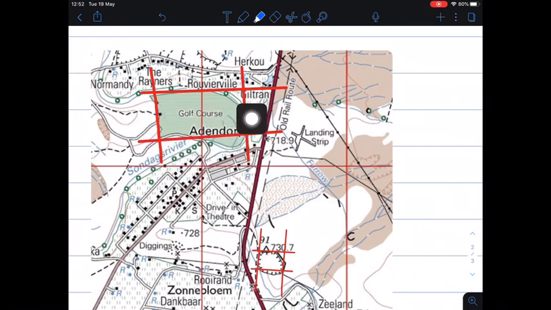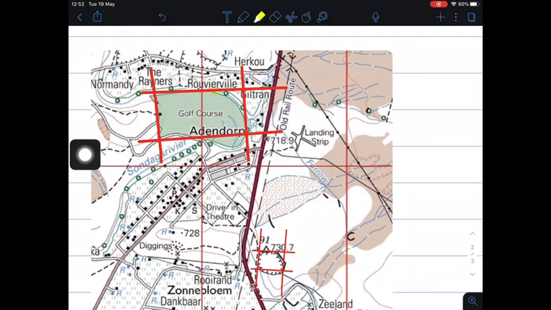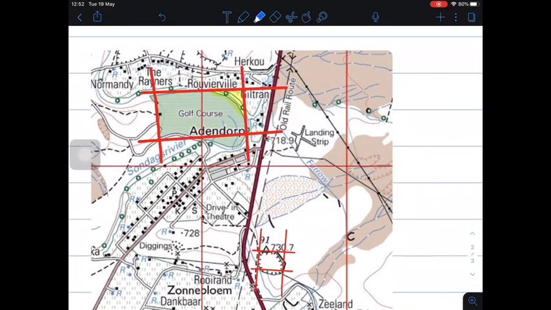And so make sure that whatever you are including is a similar size to what you are not including. So what we can see here is that this section has been included in the actual regular block. And that needs to account for the part of the golf course here that was not included. So they need to be similar in size.